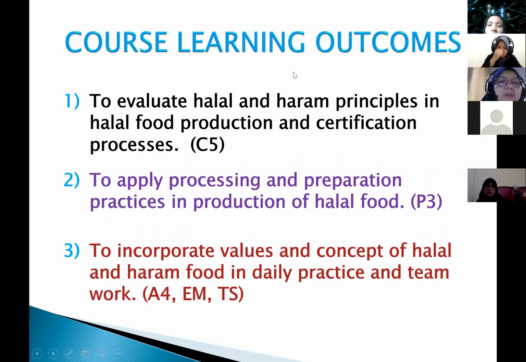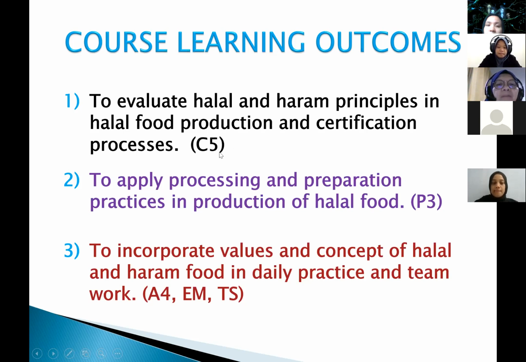The course learning outcomes are, number one, at the end of the course, students should be able to evaluate halal and haram principles in halal food production and also certification processes; number two, to apply processing and preparation practices in production of halal food; and number three, to incorporate values and concept of halal and haram food in daily practice and teamwork. Okay, so at the end of this learning outcome, this is the teaching and learning domain.